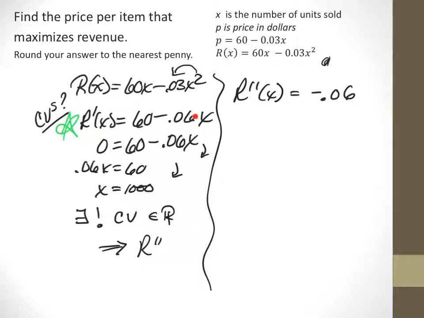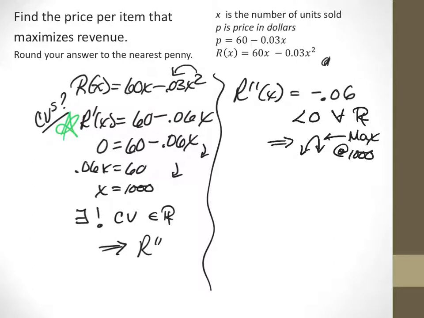Because you bring this coefficient down only, since it has an exponent of 1. And this is less than 0 for all real numbers. What that means concavity-wise is that this is facing downward, and we have a max at whatever x was, and that's 1,000.